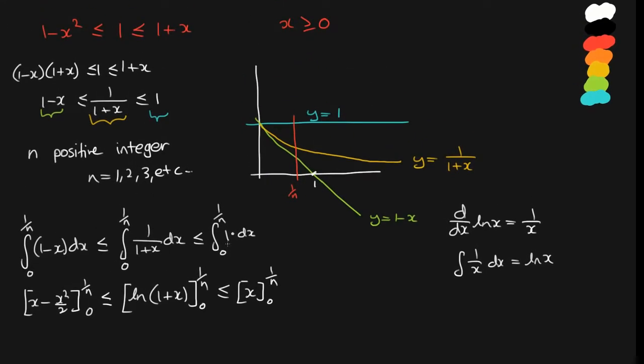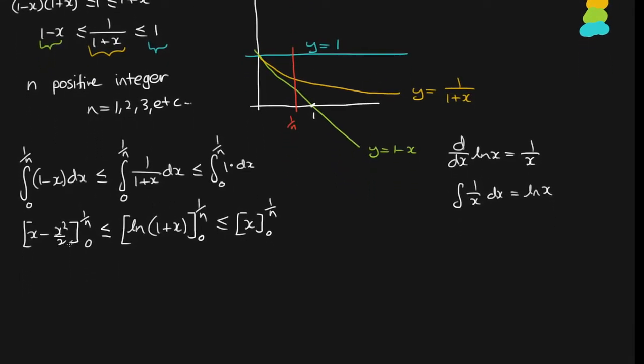So when we sub in 0, we're just subtracting off a 0, so we can basically forget about that, and we'll have 1 on n minus 1 on 2n squared less than ln(1 plus 1 on n), which is less than 1 on n. We can now multiply through by n, and n is positive, so it doesn't change the inequality.